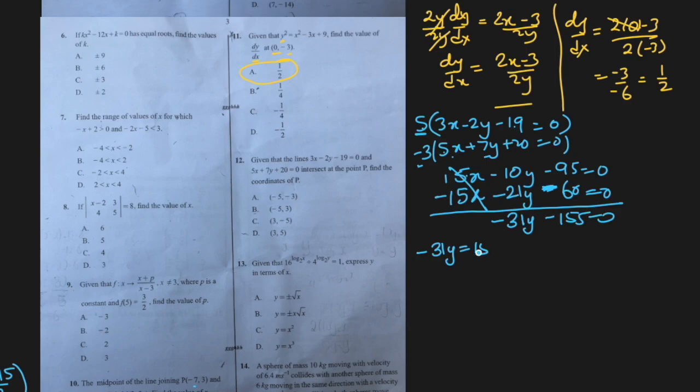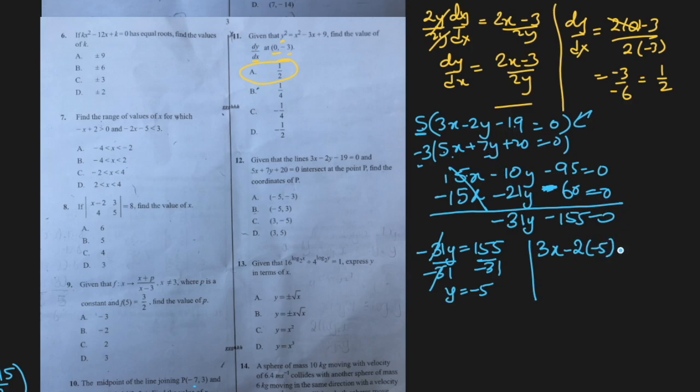31y, and 155 goes to the other side, divide by negative 31, y is negative 5. What about x? Let's use any one of the equations. Let me use this equation without this 5 to get x. 3x minus 2y is negative 5.